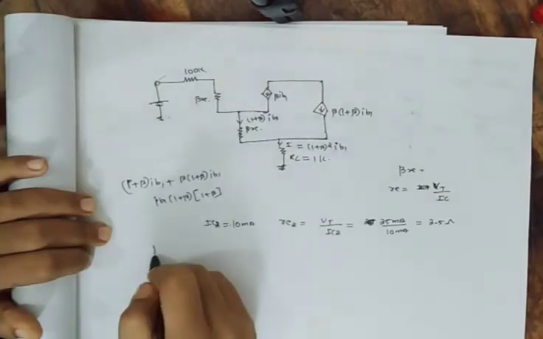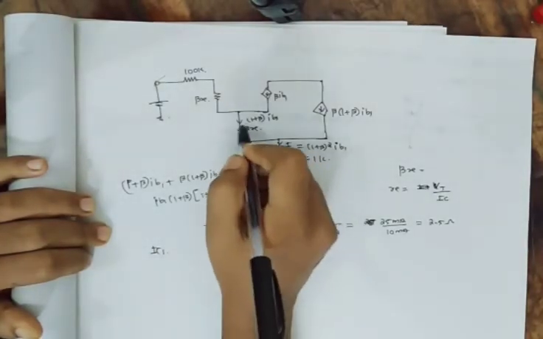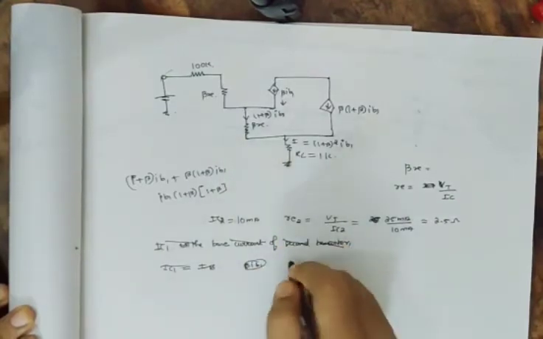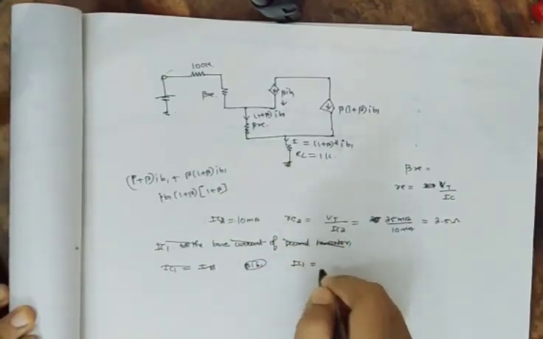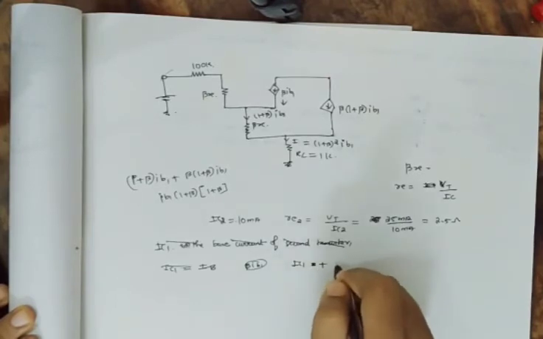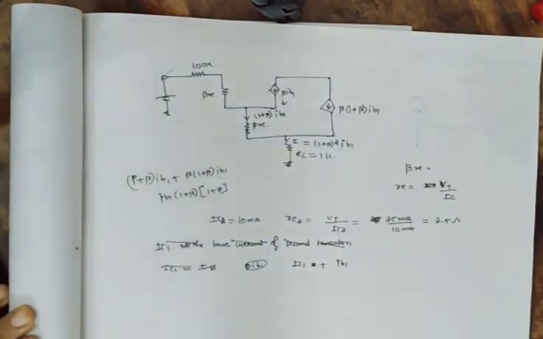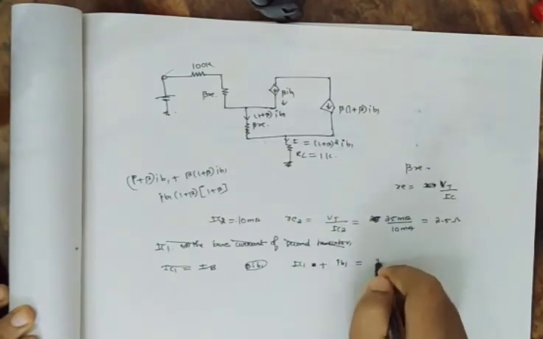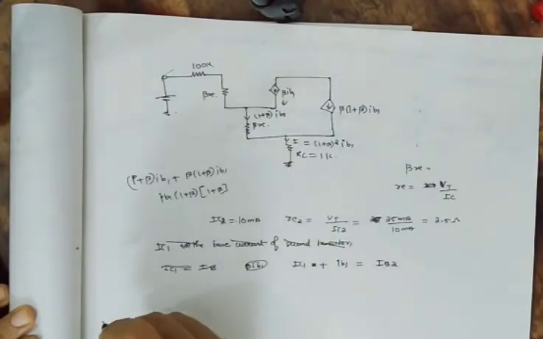So what is IC1? IC1, this is IB1. Okay. So IC1 plus IB1 equal to the base current of second transistor.